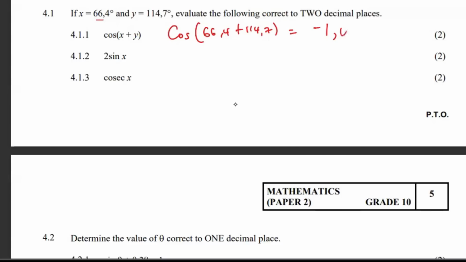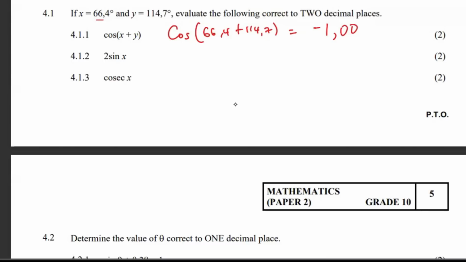So it's -1,00, because it's -0,998 and so on. I know that 66,4 plus 114,7 gives me 181 something. All right, so that's what I'm getting. Then I move on.